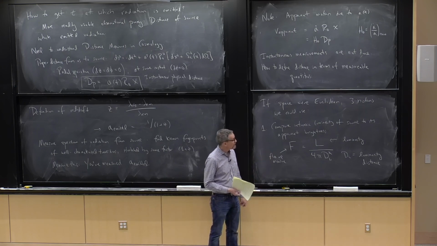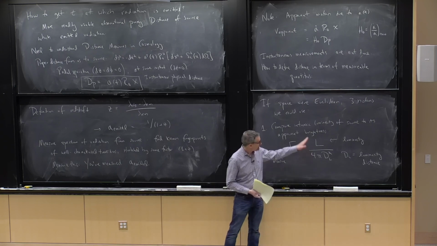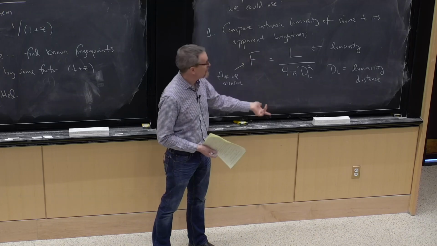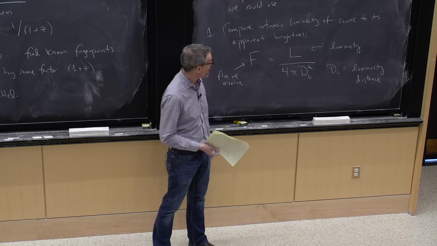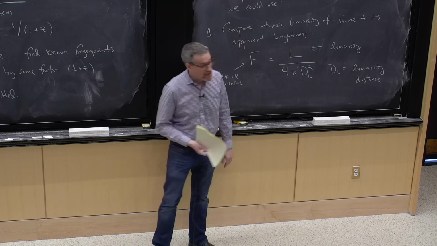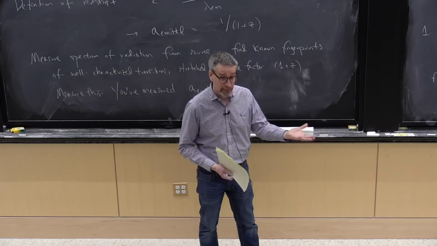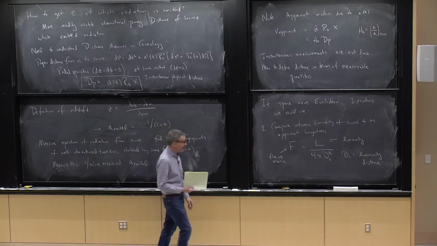More recently, we've been able to exploit the fact that gravitational wave sources have an intrinsic luminosity in gravitational waves, the dE/dt associated with the gravitational waves that they emit, which depends on the source gravitational physics in a very simple and predictable way that doesn't depend on very many parameters.